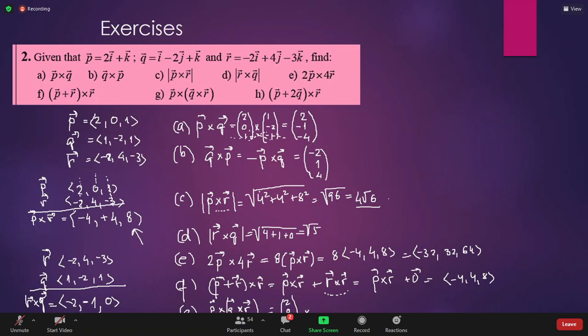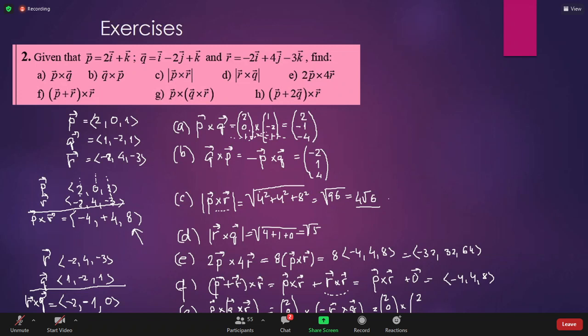Okay, times minus R times Q. Let's put it this way. And so I have 2, 0, 1 times R times Q is minus 2, minus 1, 0. The opposite vector would be 2, 1, 0.